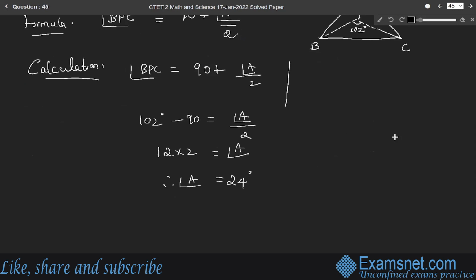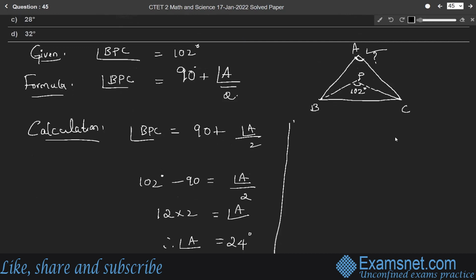There is one more alternative method to solve this problem. Here, in triangle ABC, BP bisects angle B and CP bisects angle C. Consider triangle BPC. In triangle BPC, angle PBC plus angle PCB plus angle BPC is 180 degrees, right?